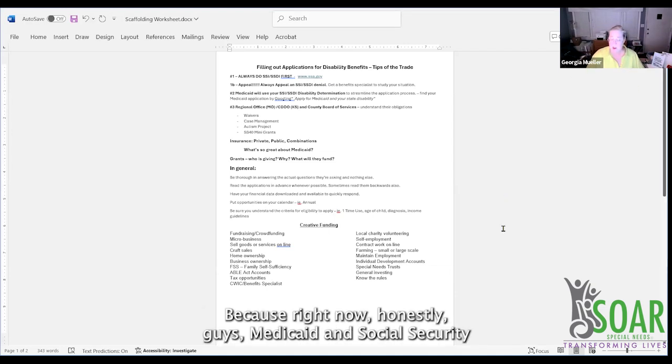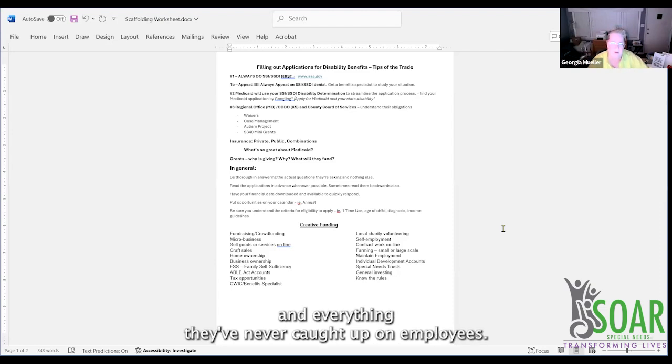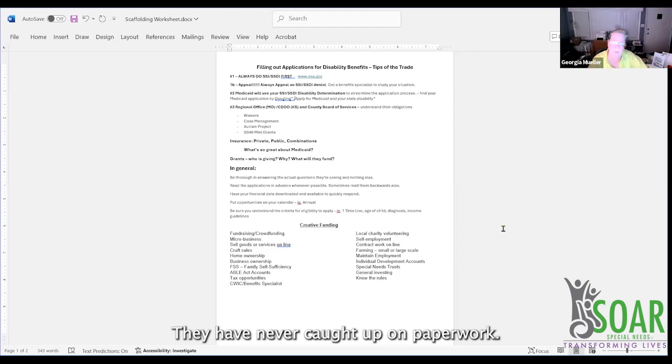Yeah, because right now, honestly, guys, Medicaid and Social Security is a disaster. Both offices are just completely out of control and they are so backlogged from the pandemic and everything. They've never caught up on employees. They have never caught up on paperwork.